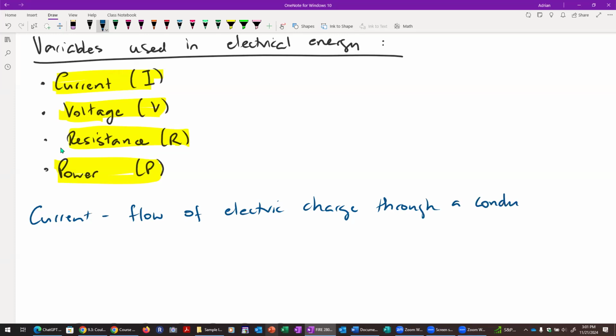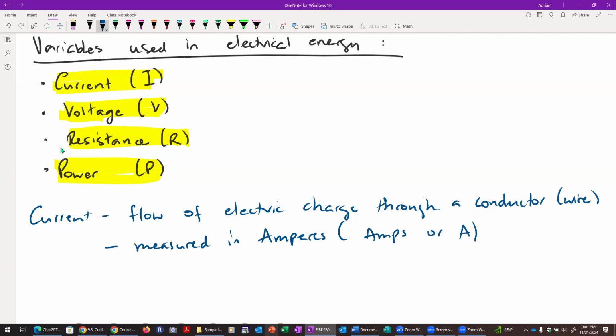And that conductor could be something like a wire, for instance. Current is usually measured in amperes, which is abbreviated as amps, or just simply A.